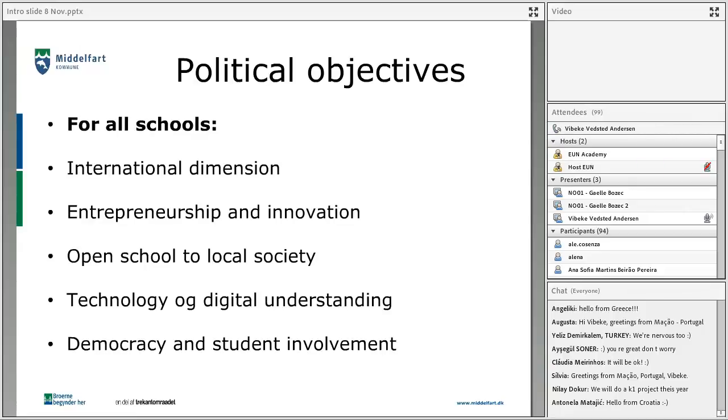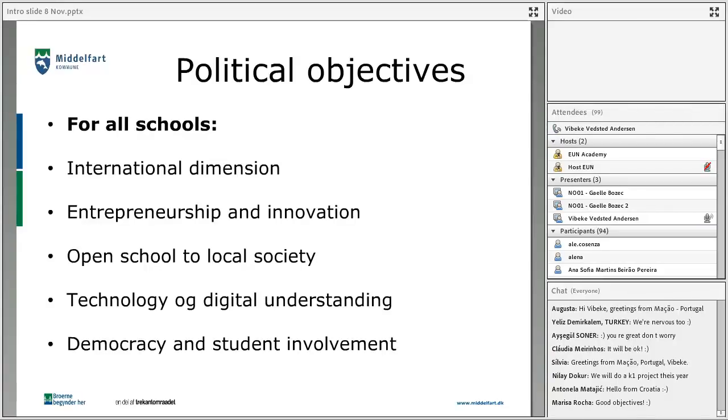We emphasize open schools to the local society. That means that education could also be run anywhere else than at the school. Technology and digital understanding is very important for our schools as well, and democracy and student involvement. These are the political objectives.